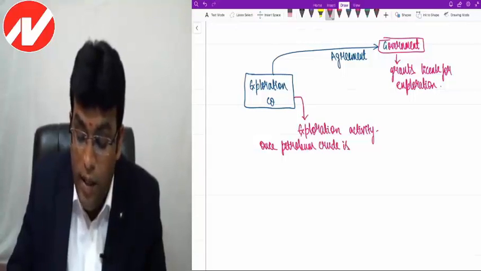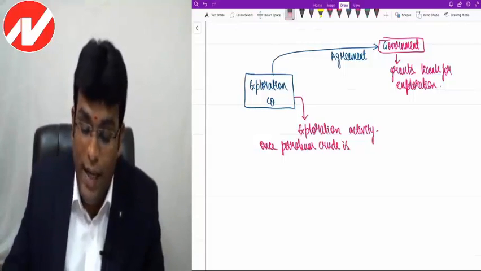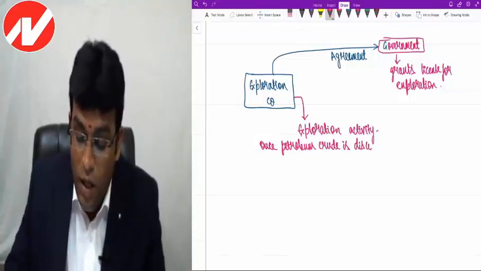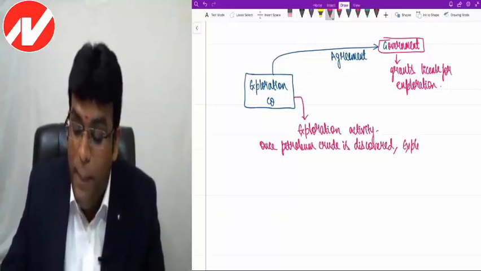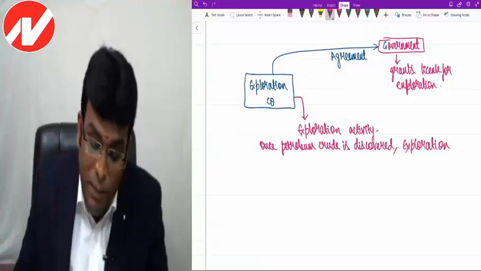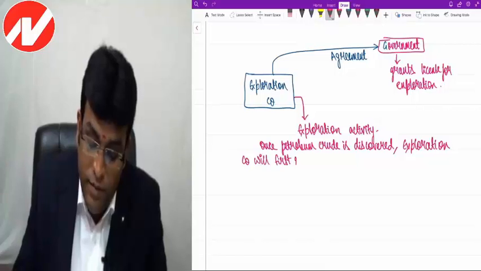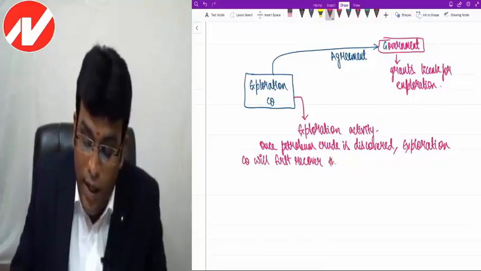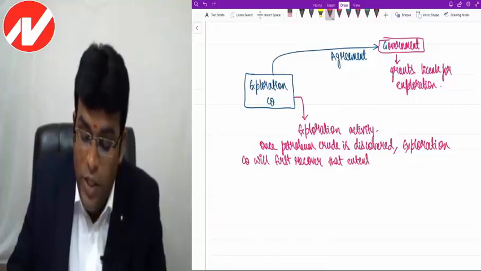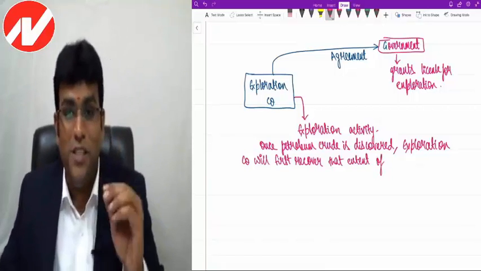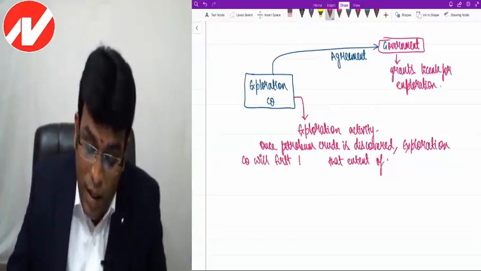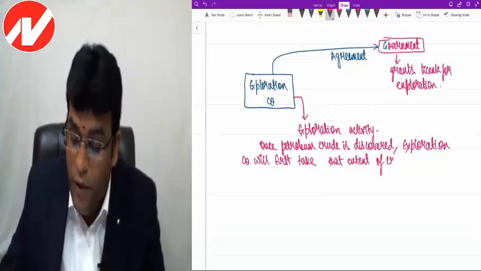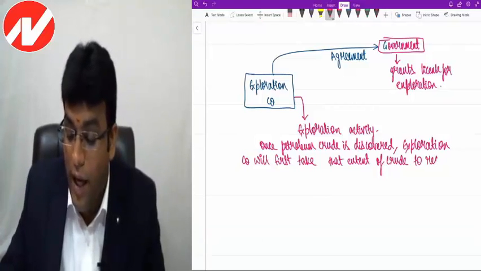Once petroleum crude or any gas is discovered, the exploration company will first take that extent of crude to recover their cost.